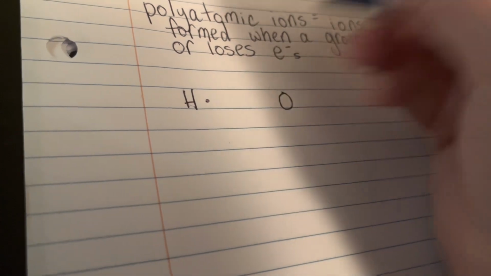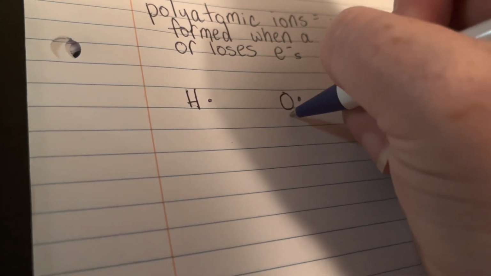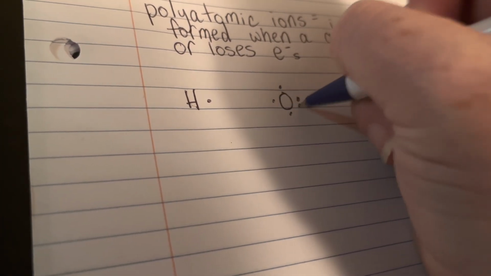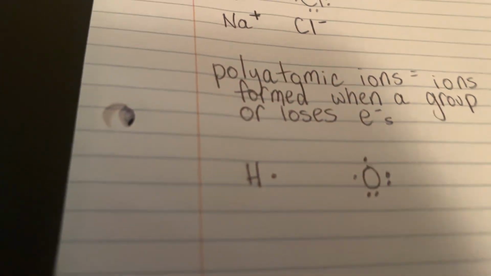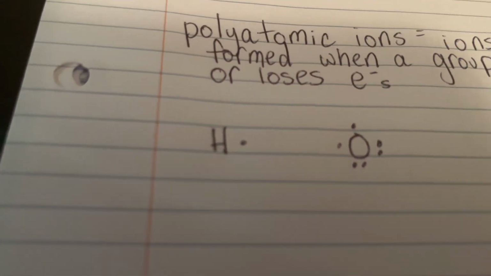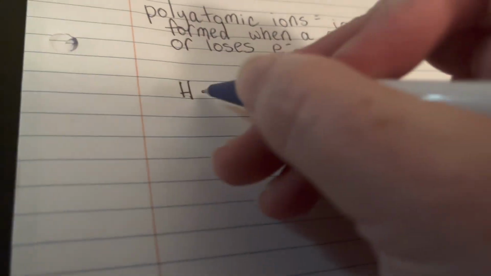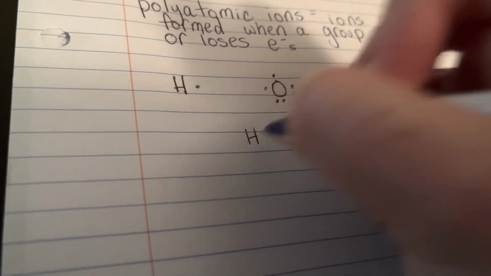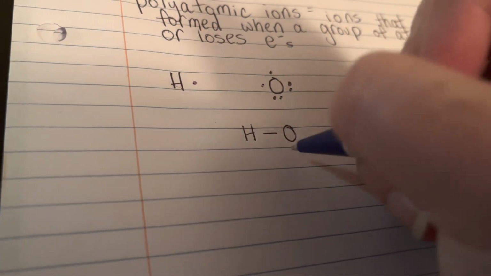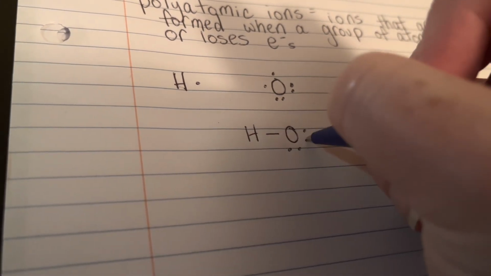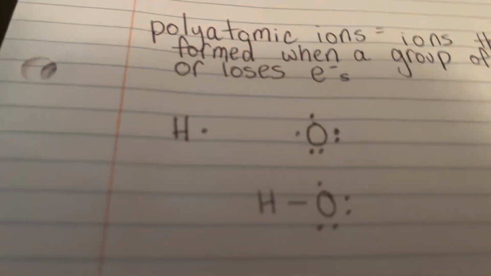All right. So if I have a hydrogen atom and I have an oxygen atom, the way that these guys can come together is you can form a covalent bond, right? And it's going to look like this. That's with one single covalent bond.